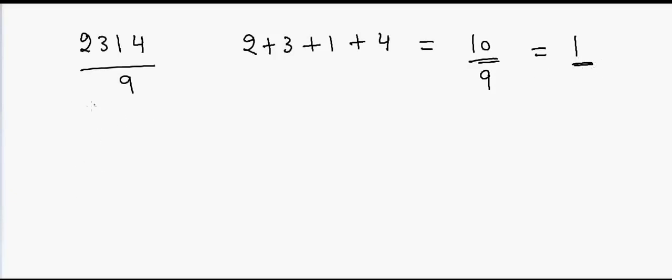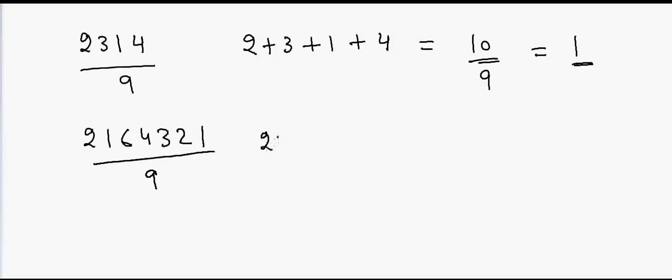Another example is 2164321. You can see it's a very large number. What will happen if you divide it by 9? In that case, 2 plus 1 plus 6 plus 4 plus 3 plus 2 plus 1. So 2 plus 1 is 3, 3 plus 10 is 13, 13 plus 6 is 19.